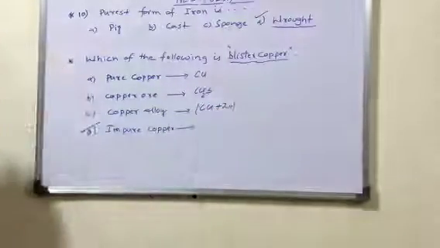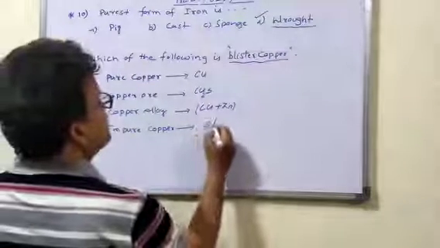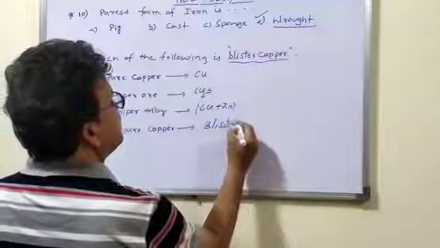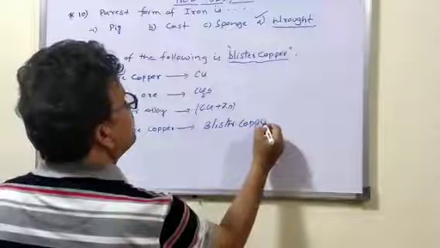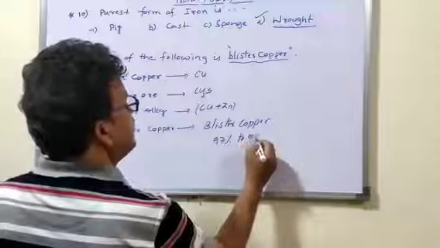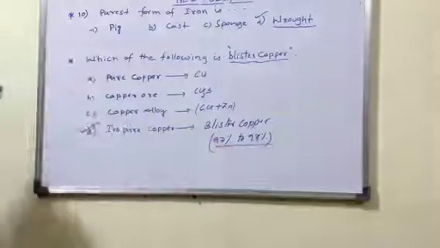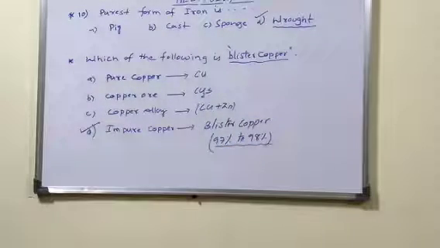Remember, impure copper is called blister copper. Impure form means only 97 to 98% pure. Such copper we call impure copper. Impure copper is nothing but blister copper. So another name for impure copper is blister copper.